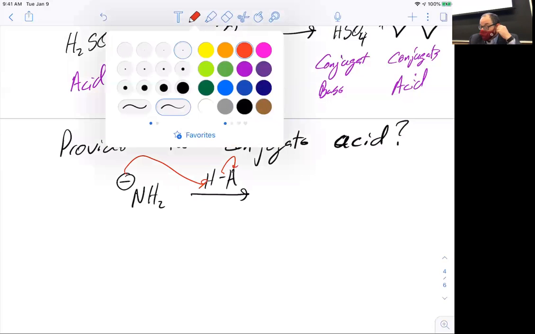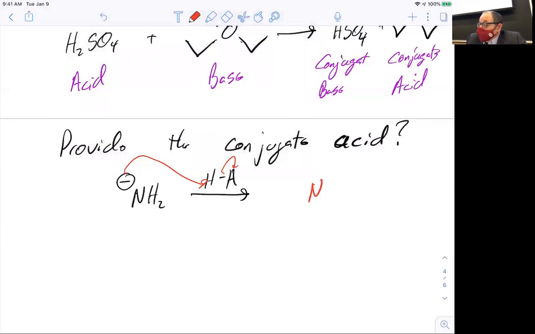I've been all kind of technical. So more or less, I'm just adding a proton, right? That would be the conjugate acid. If there's a conjugate base, I'd be removing a proton.